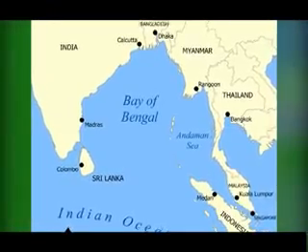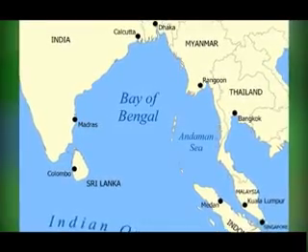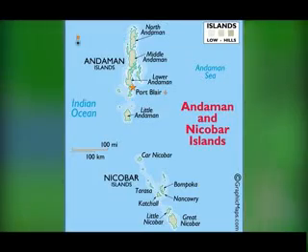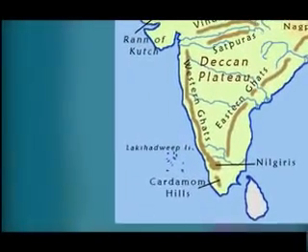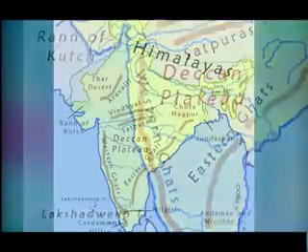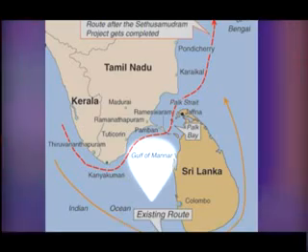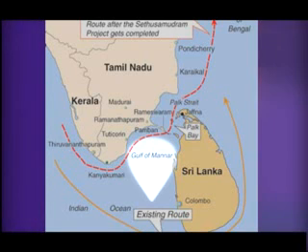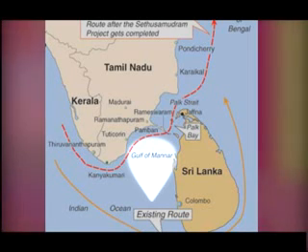The Andaman and Nicobar Islands in the Bay of Bengal and the Lakshadweep Islands in the Arabian Sea are the island groups of India. Sri Lanka is separated from India by the Palk Strait and the Gulf of Mannar.